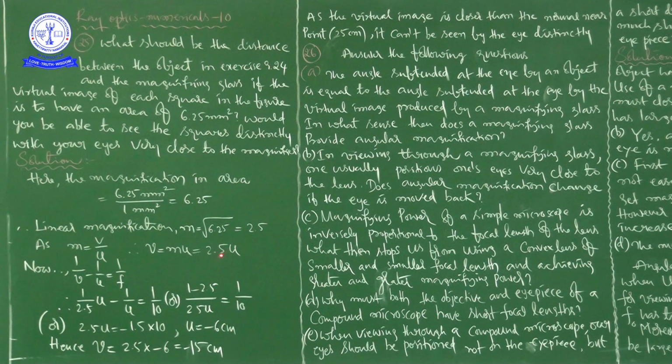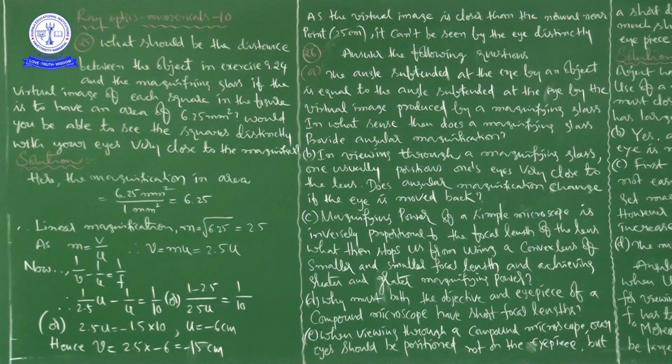We are substituting this value in this relation along with the focal length, which is 10 centimeters. In place of v, I am writing 2.5u. So 1 by 2.5u minus 1 by u is equal to 1 by 10.